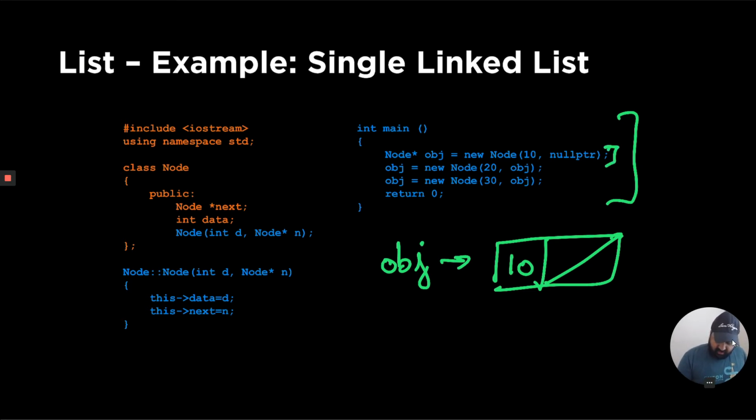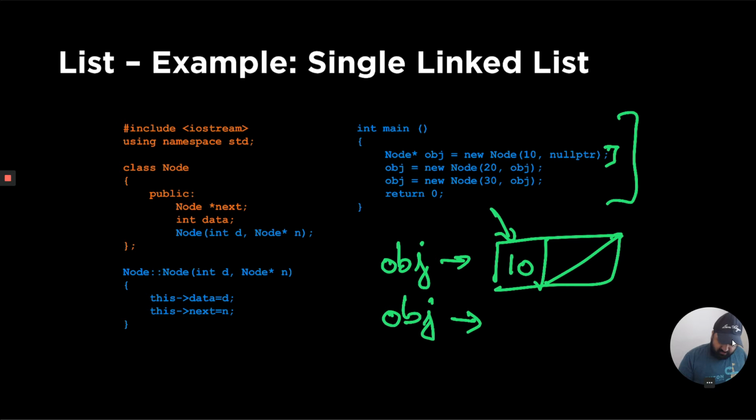Next, I'm now creating a new object, which is again called obj, because this obj is storing the head of the linked list, which is being stored in the object. And now I pass 20 and obj in this constructor.